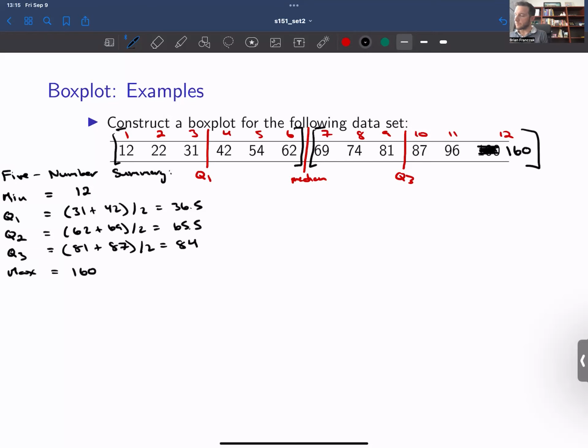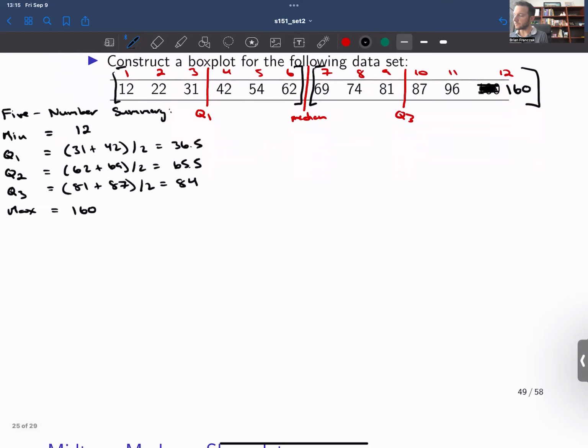When we are constructing a box plot, the first thing we can do is actually mark down Q1, Q2, and Q3. Those values will always be marked on any box plot, regardless of whether or not outliers are present. So at this stage, if we wanted to, we could construct our axis and we could mark down the location of those 3 values.